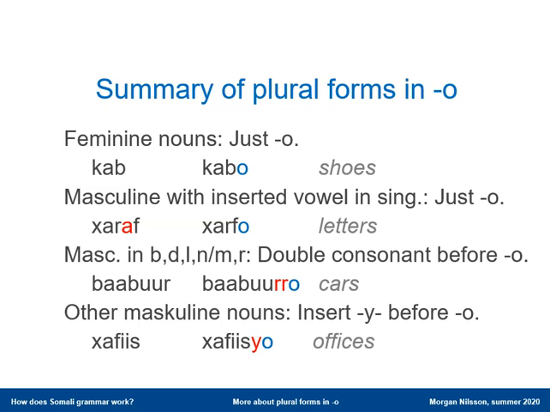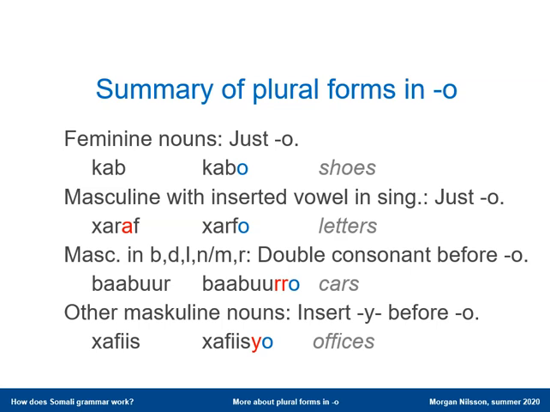So the feminine nouns are simple, just add o. Kap, kabo. The masculine nouns are a bit more complicated, and they fall into three different types. A smaller group of masculine nouns have an inserted vowel in the singular that will not be there in the plural. So harf, harfo, for example.